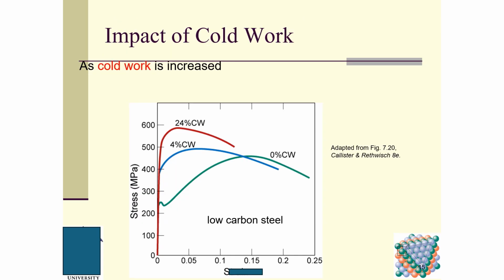And then we talk about the impact of cold work. As cold work is increased, we look at stress versus strain for low carbon steels. As it increases, the curve goes up first, and then goes down.